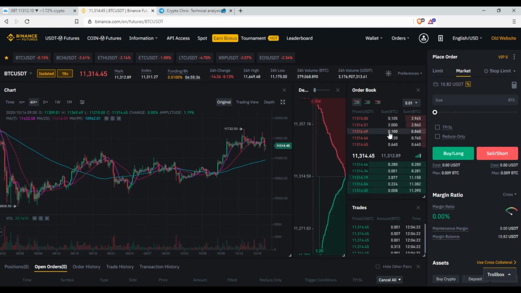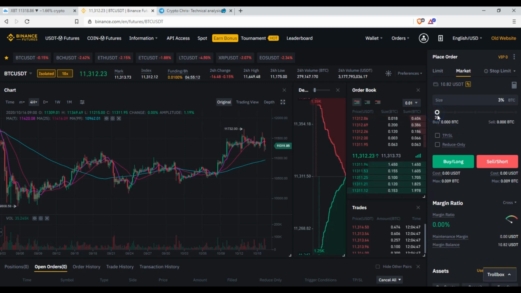The only downside about a market order is it will just give you the best possible price it can find. Sometimes you can get slippage and you can automatically be in slightly negative or sometimes even positive, depending on the order books, because BTC is quite a liquid market compared to other altcoins. So it's usually not too bad in my opinion.